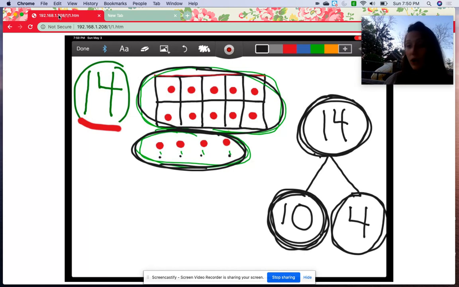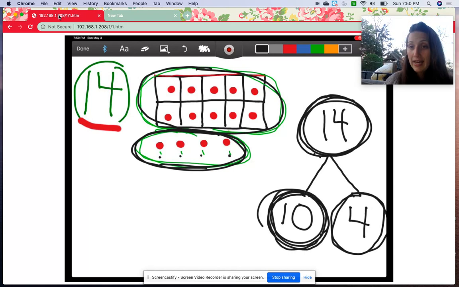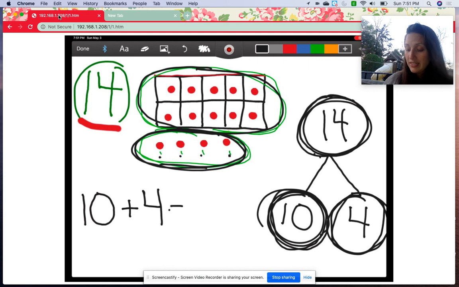So the first part is the number 10. 10 plus what was the other part? 4. Good. 10 plus 4 is equal to 14. That was our whole number, 14.